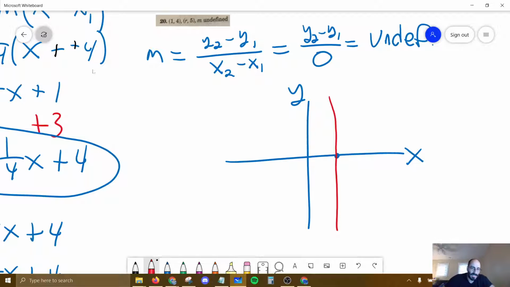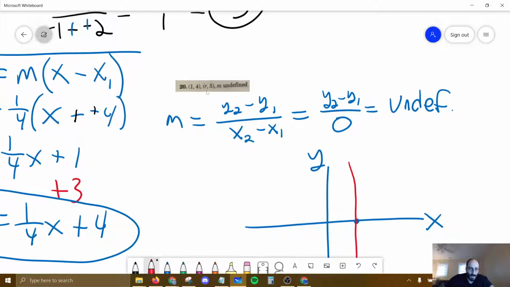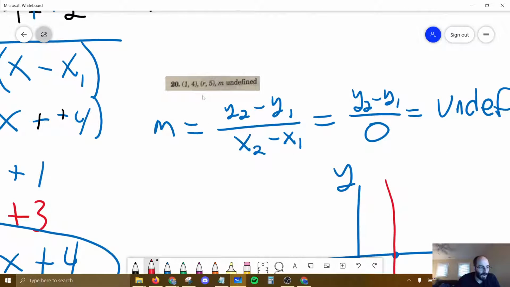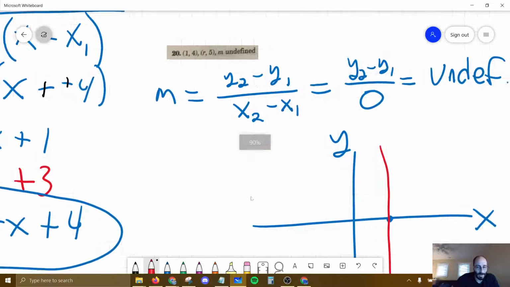So the line they give me here, 1 comma 4 and r comma 5, has no change in x because it's a straight up and down line. So if there's no change in x, what is the missing x value going to be? It's also going to be 1. So 1 comma 4, 1 comma 5.